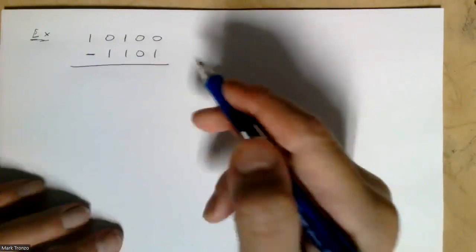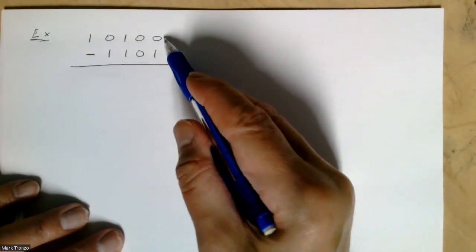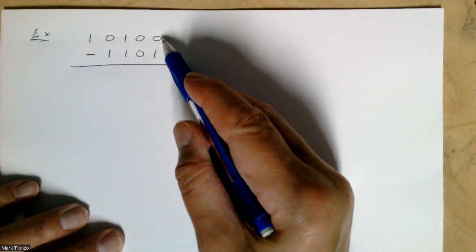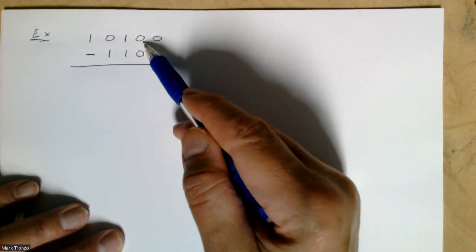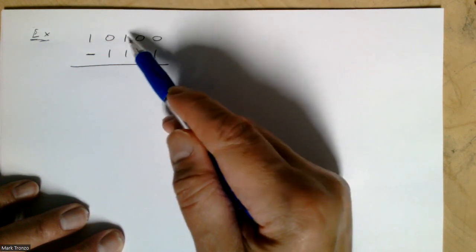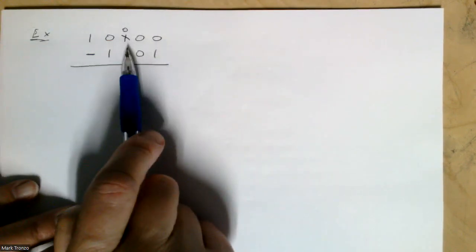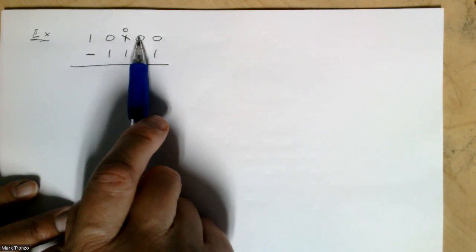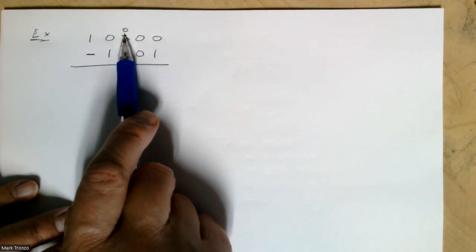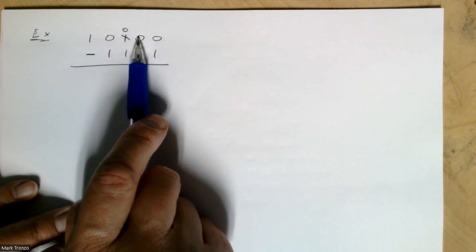So just like with decimals, when we try to take 1 from 0, we can't do it, so we have to borrow. Can't borrow from this guy. We have to go over here, so we're going to borrow from this one. So that's going to go down to 0. And remember, when we're dealing with decimal numbers, we would bring a 10 over. But when you're dealing with binary numbers, you're going to bring a 2 over.